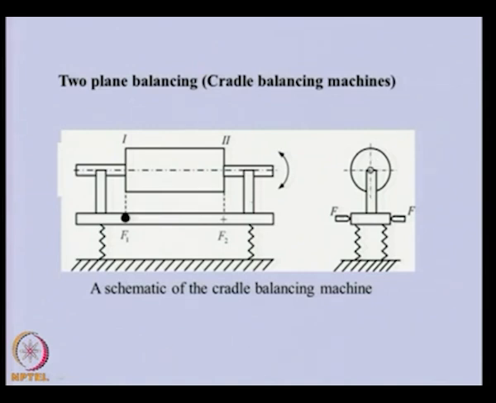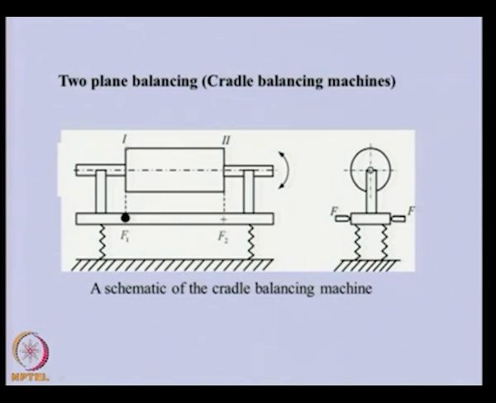Now, in this there is a provision to fulcrum or pivot this particular frame either at the F1 location or the F2 location, which is just below this plane and this plane. Basically, in the real rotor, we can add balance weight here or here.